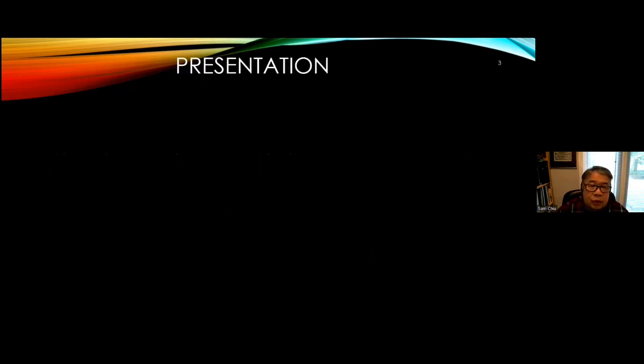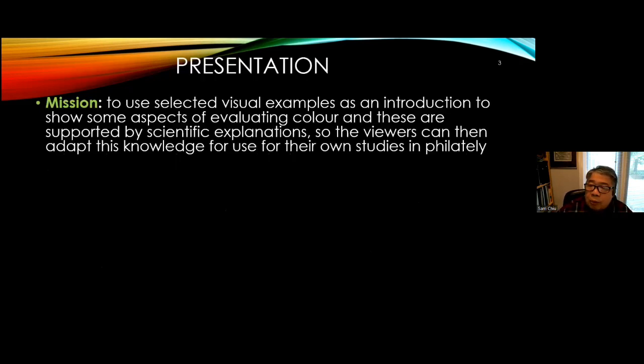There are actually two parts to the presentation. I could use visual examples to show you how some aspects of color are evaluated, and I'm trying to show you the scientific principles and explanation, so you as the viewer could adapt this knowledge and use it for your own study in philately.